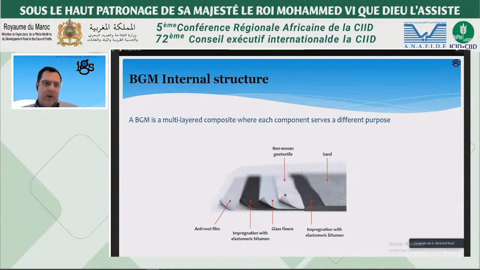It's a multi-layer composite: a non-woven geotextile and a glass fleece. Both products are here to give strength to the geomembrane, and they give resistance to traction and puncture.